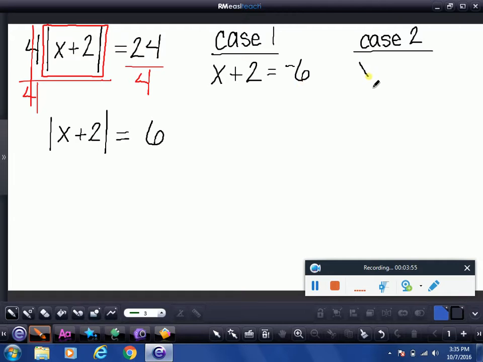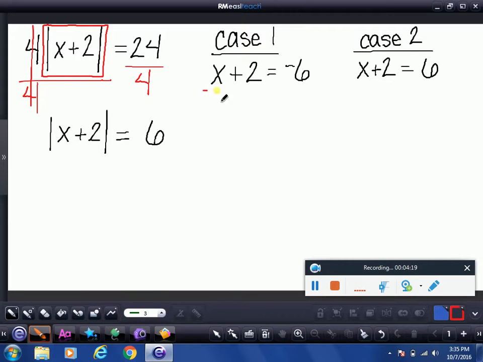And case 2 will be x plus 2 equals positive 6. Because with absolute values, you could have either a negative or a positive number inside the absolute value notation, those 2 bars. So we're going to solve case 1 first.